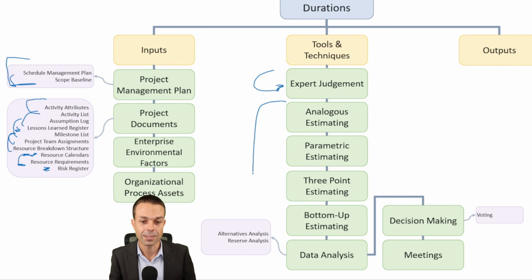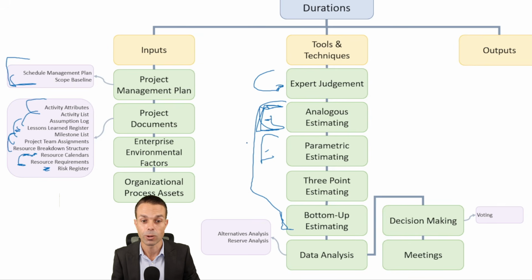But here are the estimating techniques, and these are absolutely my favorite. So analogous estimating, which is something similar to another feature or another project. It's an analogy. Parametric estimating, where it's, say, $1 per meter or $10 per hour. It's a parameter. 3-point estimating is optimistic, pessimistic, and most likely.